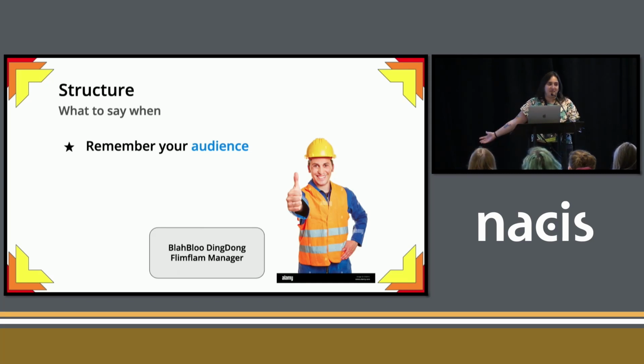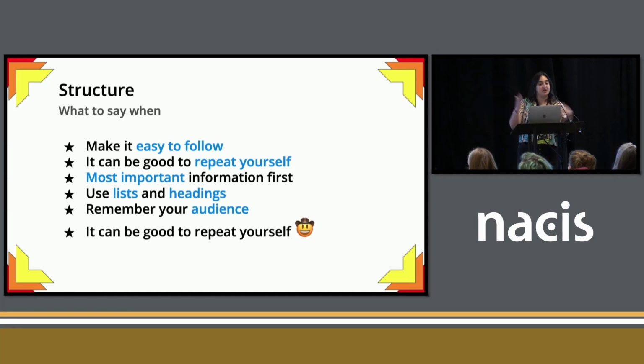You don't need to explain what a flim-flam is if you're writing for a flim-flam manager. So to reiterate, you want to make it easy to follow, repeat yourself, put the most important information first, use lists and headings, remember your audience, and repeat yourself.